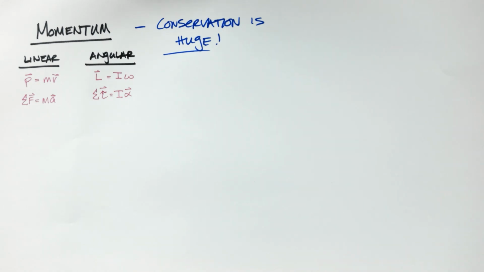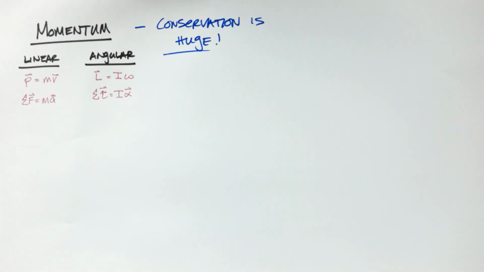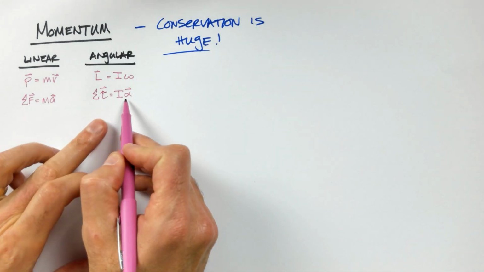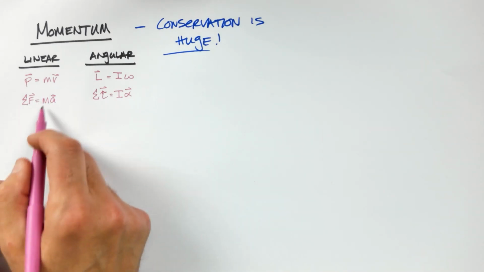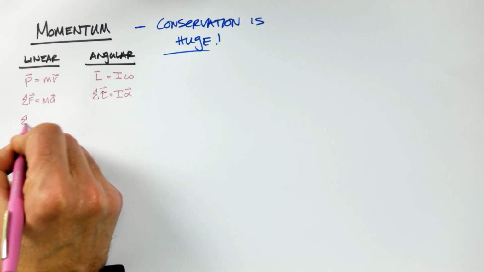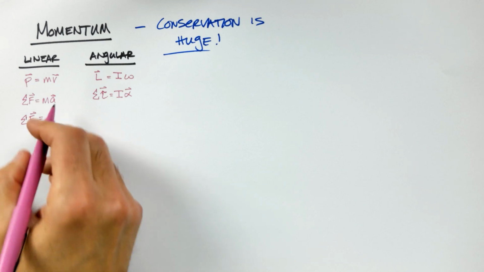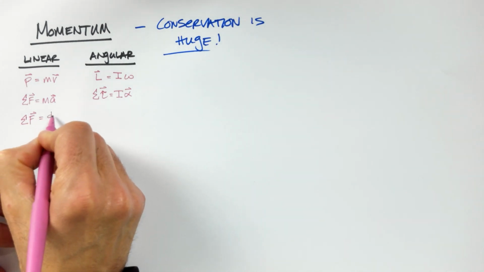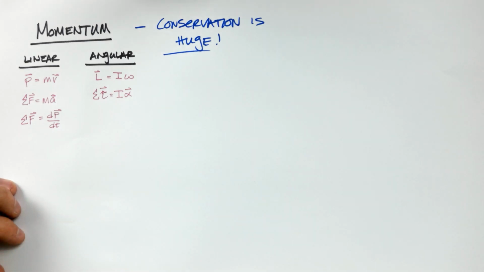Well, let's carry this through for a second and see where we go. If we know that the net torque is equal to the moment of inertia times angular acceleration, there's another way of writing Newton's second law that we've now learned this year, in which the net force, and it's probably not as seared in as the other one, is the derivative of momentum with respect to time.